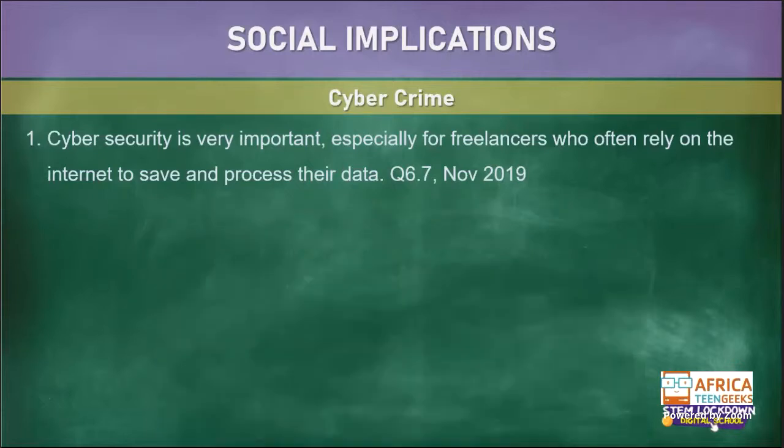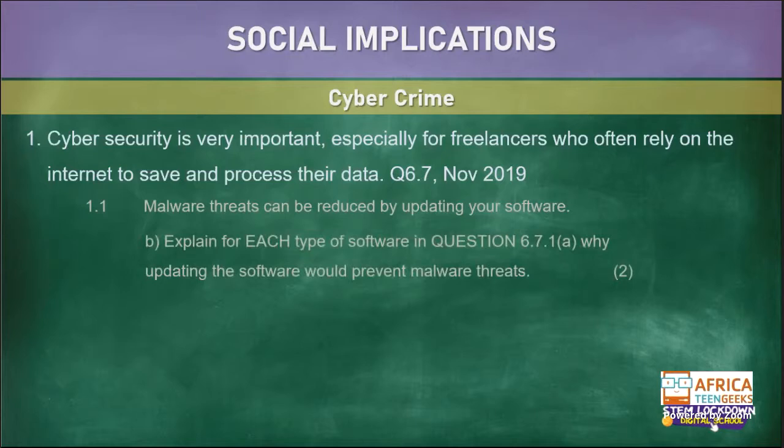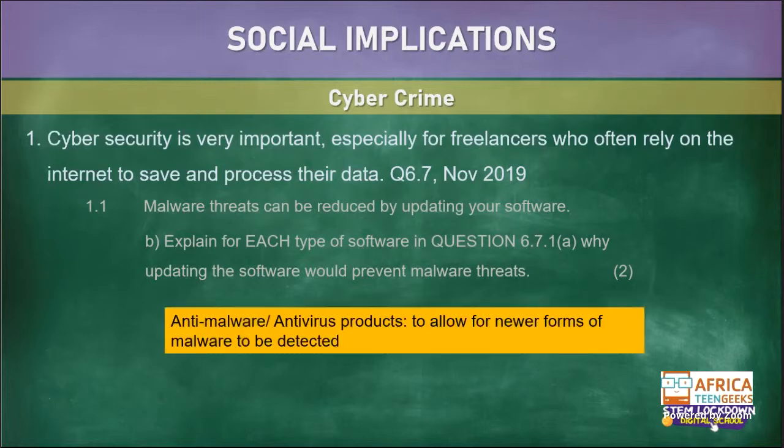And then cyber security also, we are continuing the same question. Malware threats can be reduced by updating the software, and then explain each type. Now we are basing on what we have answered already. So we take malware, antivirus products, to allow for newer forms of malware to be detected.